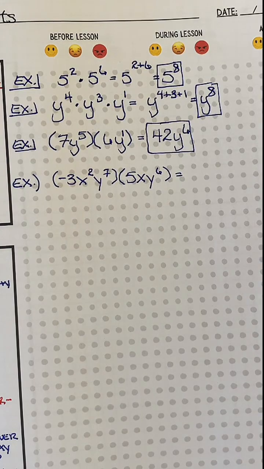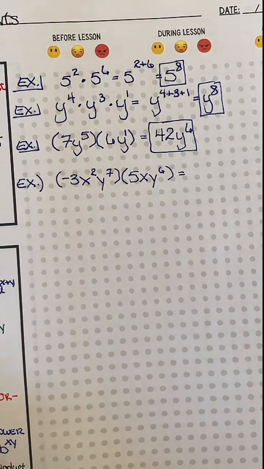Serena, negative 15 x cubed y to the 3rd. Emerald, negative 15 x cubed y to the 13th. Valencia, negative 15 x squared y to the 13th. Butu, negative 15 x cubed y to the 13th. Okay, we're starting to get some that is that.